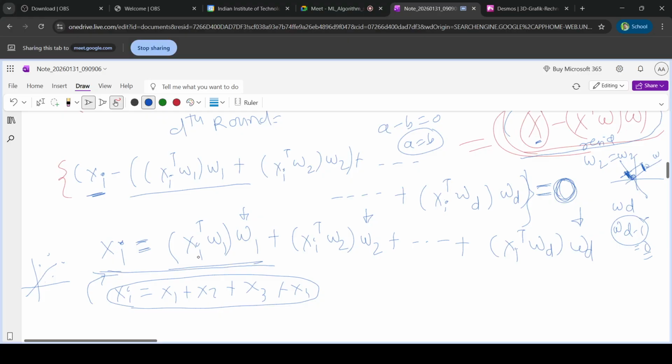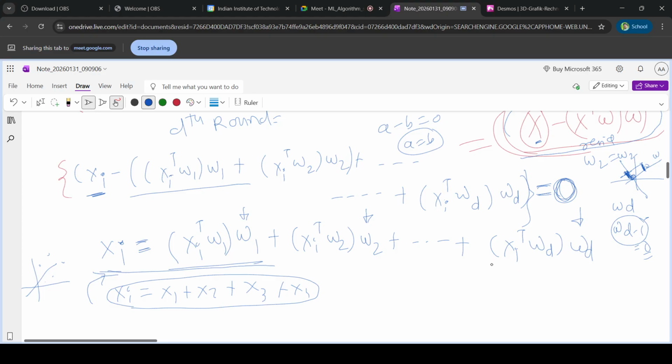Xi is represented as xi transpose W1 into W1, xi transpose W2 into W2. Earlier we simply represented x1, x2, x3, x4 and x5. Now we are changing that to this formula, so we are changing the bases.